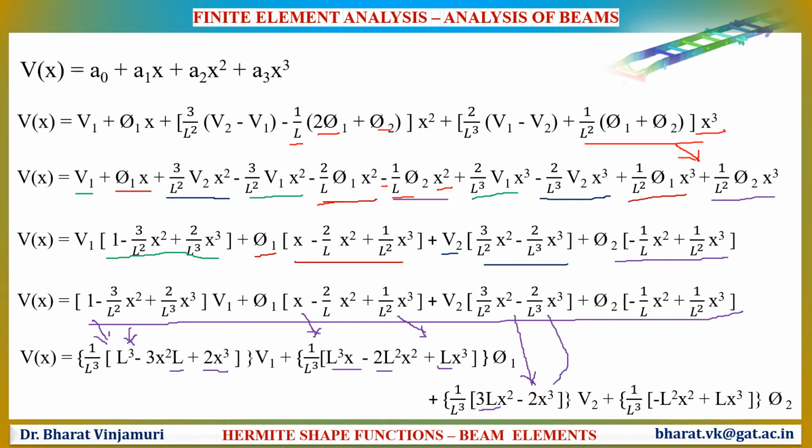Instead of 2 by L cube you will be having 2x cube, because 1 by L cube has been taken out as a common factor. Similarly, in this term, instead of minus 1 by L you have got minus L square, because 1 by L cube is taken as common, as well as instead of 1 by L square you have left with L.